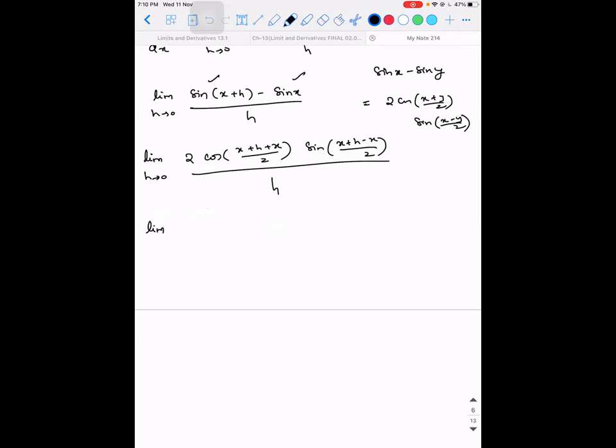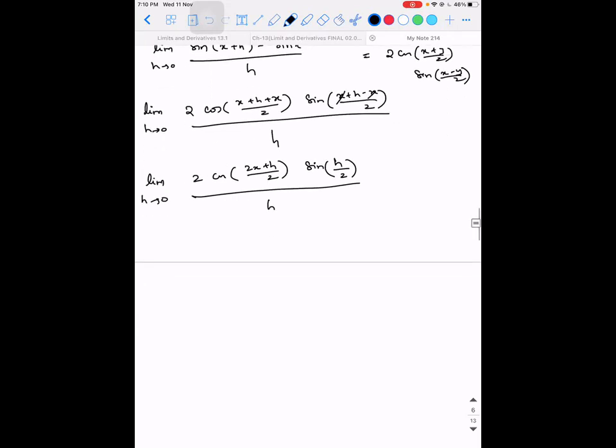Right. So limit h tends to 0, 2 cos of (2x plus h) by 2, sin of h by 2, divided by h. Okay. So limit h tends to 0, sin of h by 2. What should be in the denominator for that value to come out as 1?